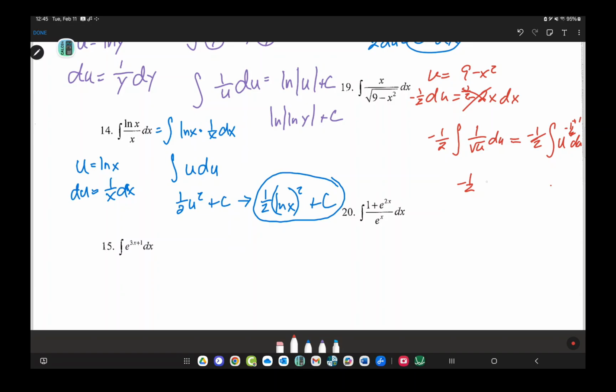So negative 1/2 times 2u to the 1/2 power plus c gives me negative u to the 1/2 plus c. Since u is equal to 9 minus x squared, that is negative the quantity 9 minus x squared to the 1/2 power plus c. Right here, x dx got replaced with negative 1/2 du.